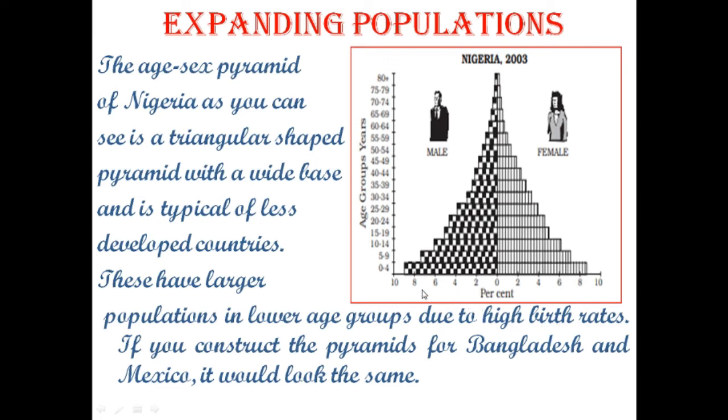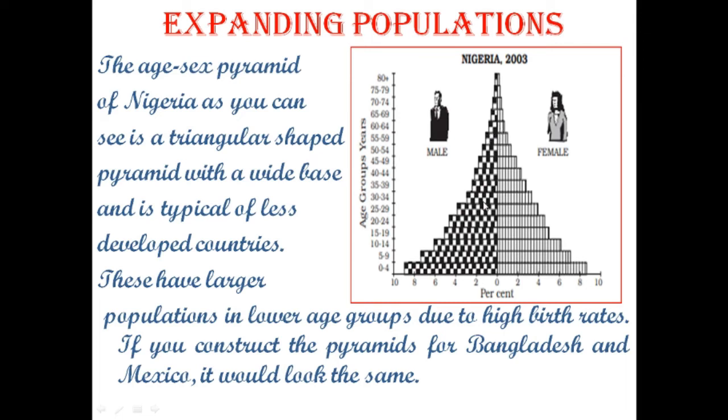See here, this is the percentage shown and this is the age group. If you notice, from age 0 to 4 there are more children, and as the age increases, the shape of this pyramid changes like this, meaning the number of males and females is decreasing.